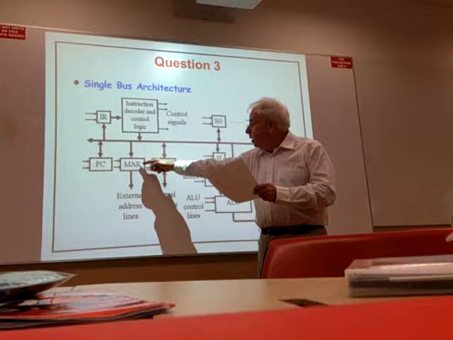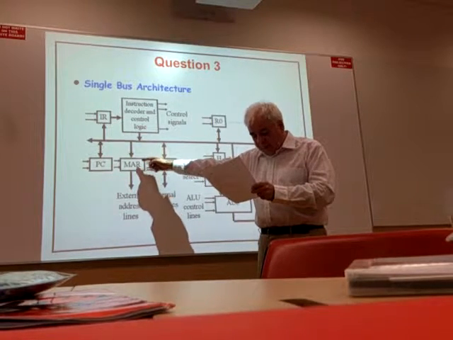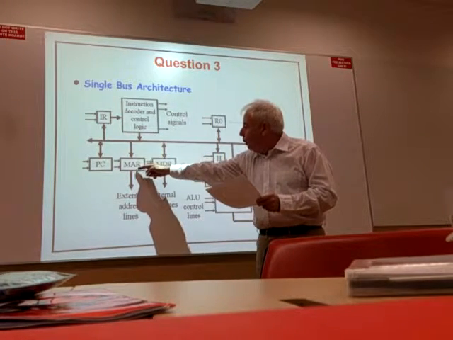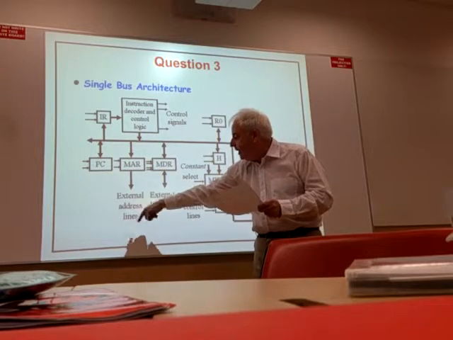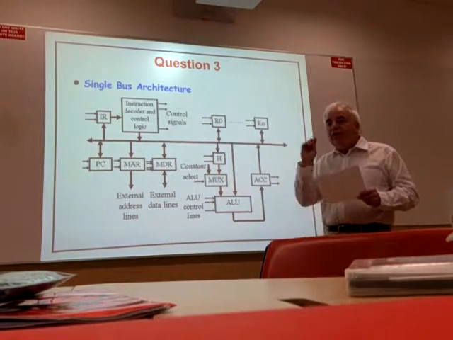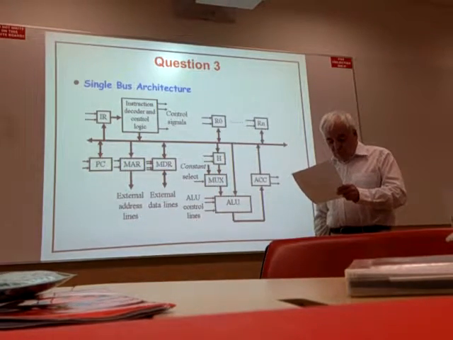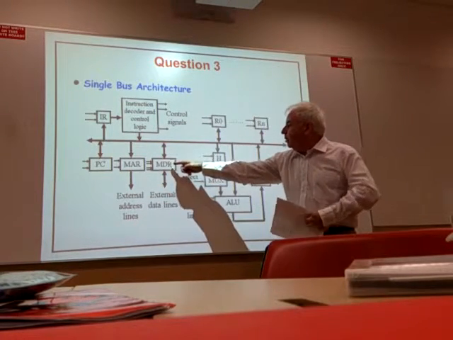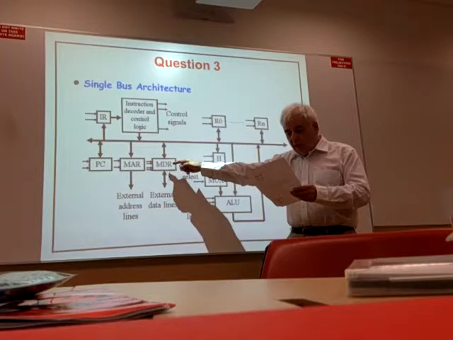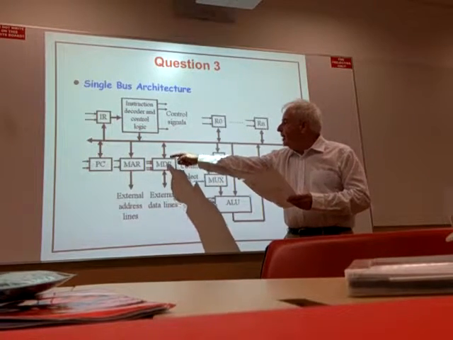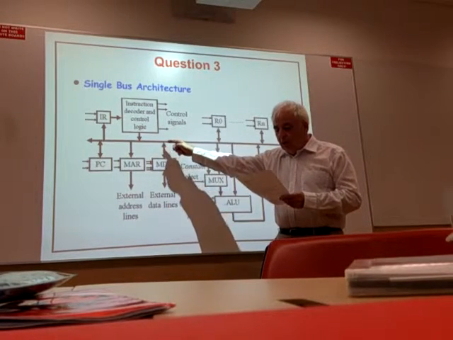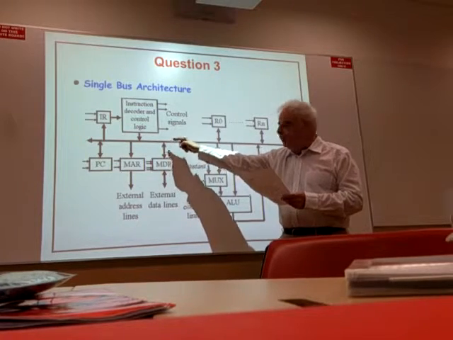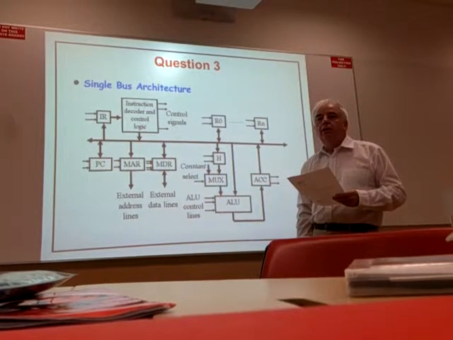In 5A, we output that address to the external memory again and read from that external memory. In 5B, we input the value of that external memory into MDR. In 6A, we output from MDR, and store the value in 6B in register R2.